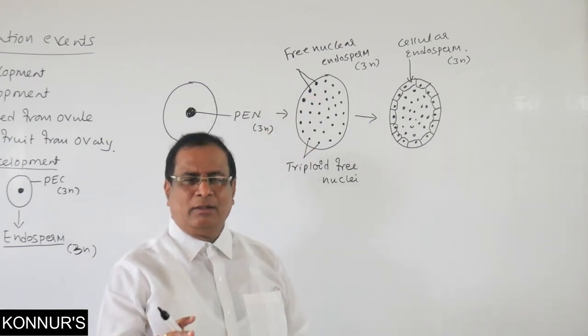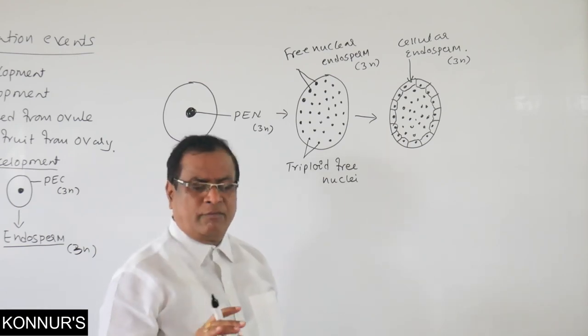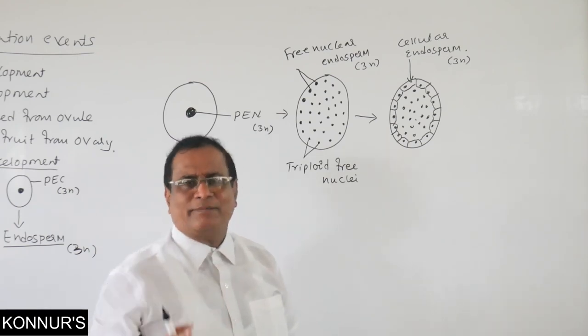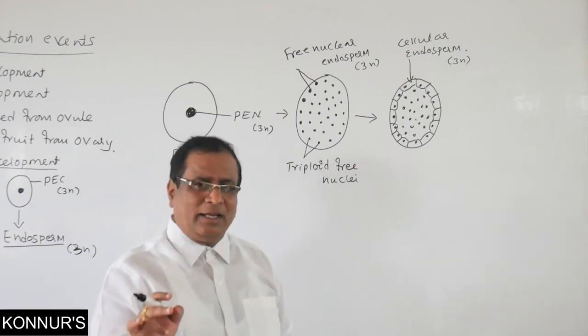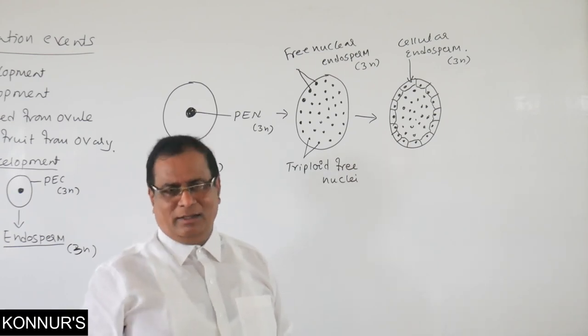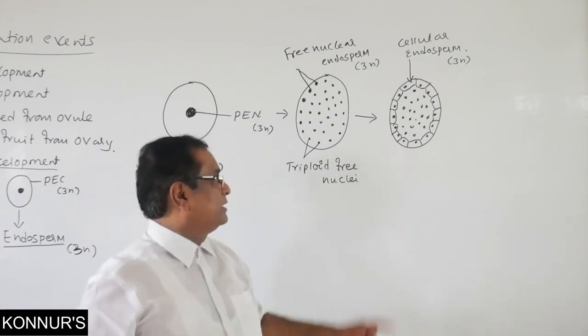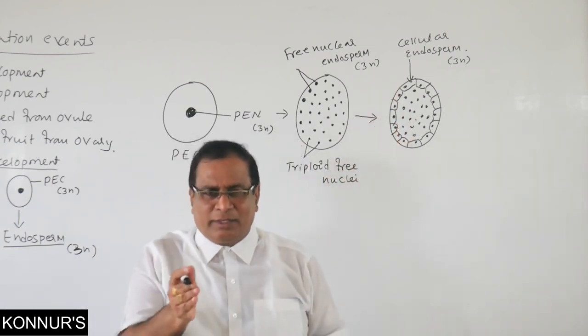It is having free nuclei of triploid nuclei, that is free nuclear endosperm, and there is a tender white kernel, that is cellular endosperm.